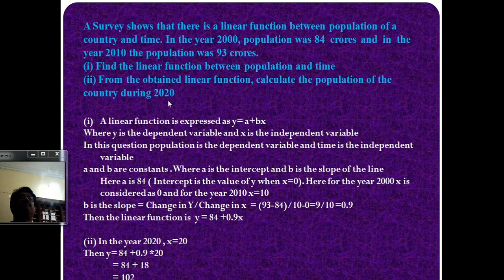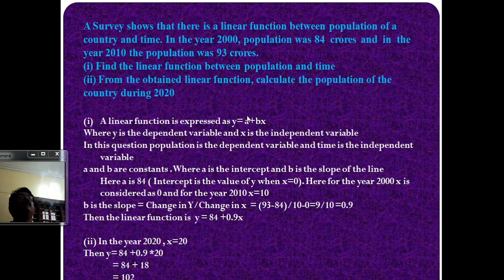As you know, what is a linear function? A linear function is a function expressed in the form of y is equal to a plus bx. This is the common formula that is used for a linear mathematical function. Y is equal to a plus bx, where y is the dependent variable, x is the independent variable.